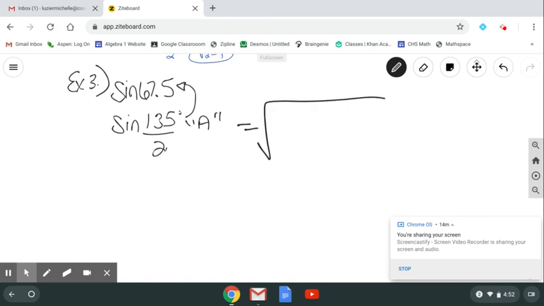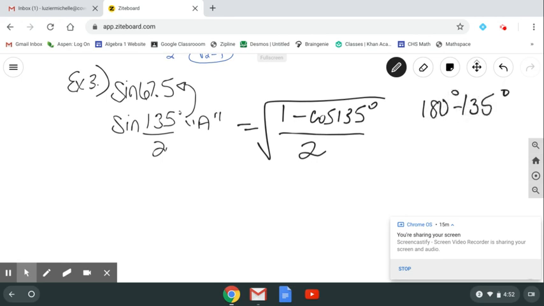Is the square root of 1 minus the cosine of A. So our A is 135. Remember, our A is the numerator here of over 2. So it's 135 degrees divided by 2. Now, this is where we talk about 135 as a reference angle. So 180 minus 135 is a 45-degree reference angle.